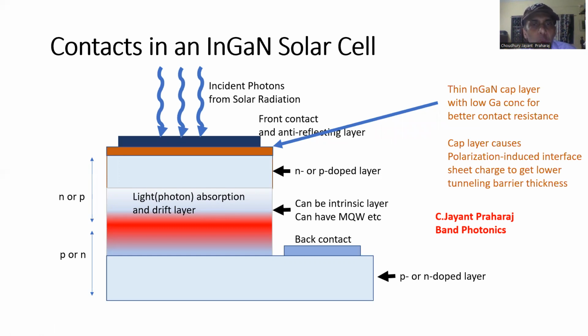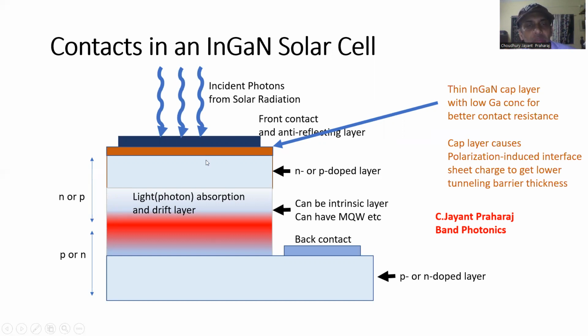Some more details about contacts. For the front contact, you need anti-reflecting layers, as we just mentioned, which use dielectric function grading. Now, typically a thin indium gallium nitride cap layer may be used to get lower contact resistance to the p-type layer.